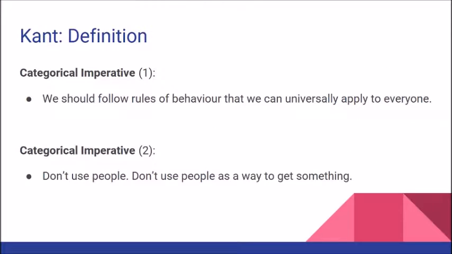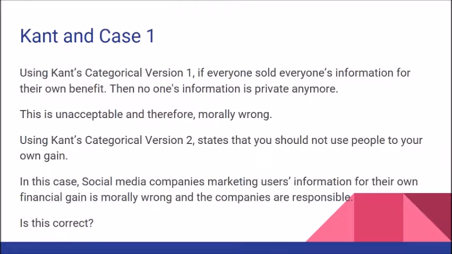So another ethical theory that we are going to apply is Kant. Kant has two categorical imperatives, version 1 and version 2. In version 1, we should follow rules of behavior that we can universally apply to everyone, whereas version 2 is: don't use people as a way to get something. Kant and case 1.